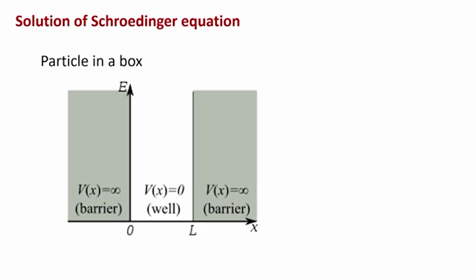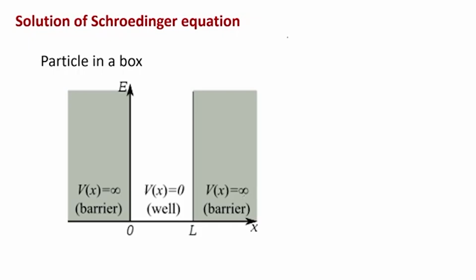One really talks about this kind of picture where there is a potential well between 0 and L. L is some length, and the potential is 0 inside the well, and the potential has an infinite barrier height. So, the particle cannot escape, and that is imposed by V equal to infinity.